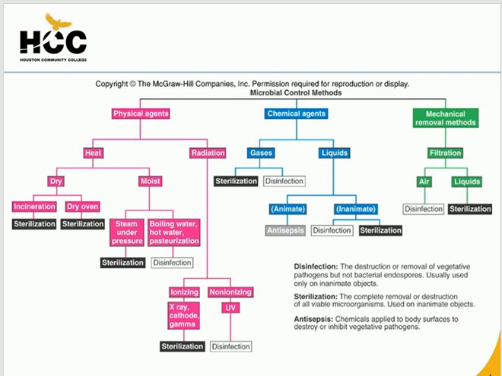The other physical agent is radiation, and we have two types of radiation: ionizing and non-ionizing. Non-ionizing radiation is ultraviolet, and this is only for disinfection. Okay? How does it disinfect? How does ultraviolet kill the bacteria?